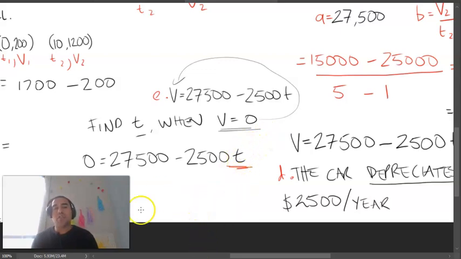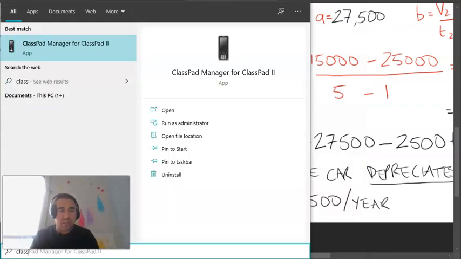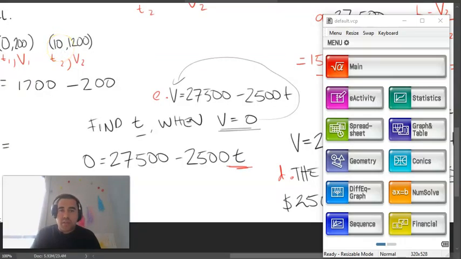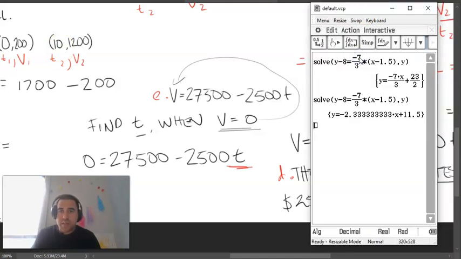You can use your calculator, or you can use your algebraic arithmetic skills and transpositioning skills. If a calculator is allowed, you might as well use it. So I'm going to grab my ClassPad calculator, and I'll show you the method. If you don't know how to do this yet, it's just using the solve function. Go into main, and you can see the solve that was used in the previous example.